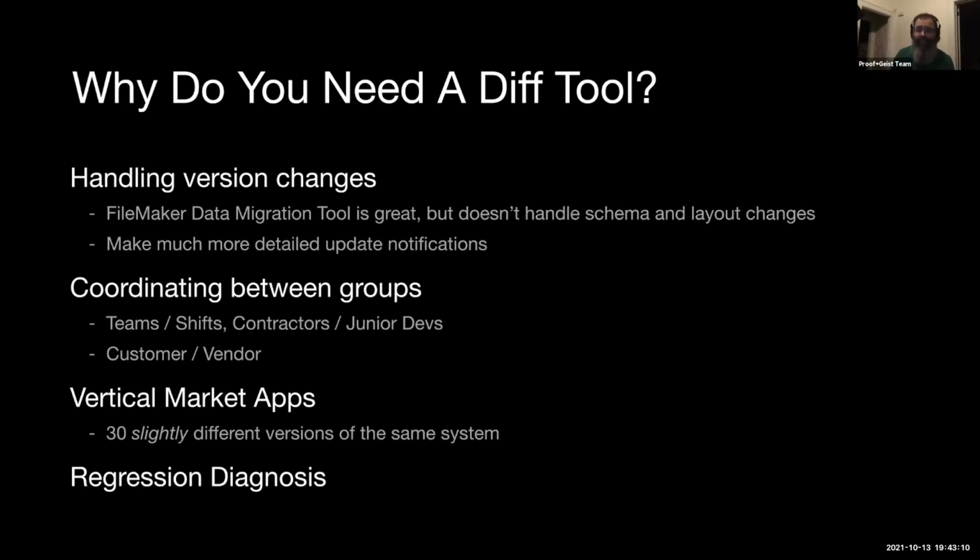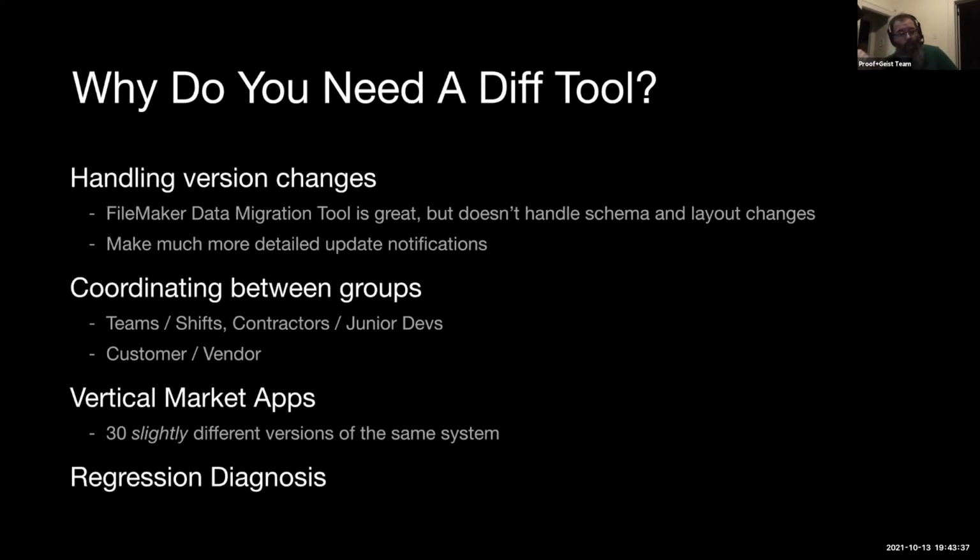Here's the login that did it. People doing vertical market apps, when you've got lots of versions that are all subtly different, being able to identify how this particular customer's version is different from this other customer's is really important, particularly when you're doing a major version revision. And then regression diagnosis.